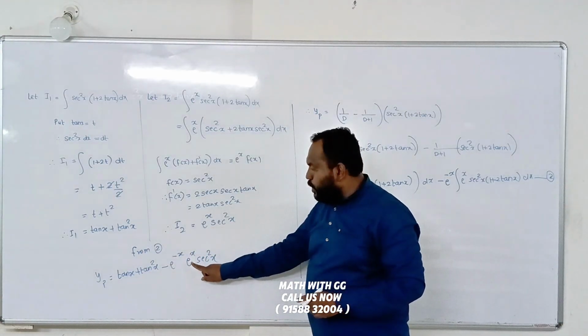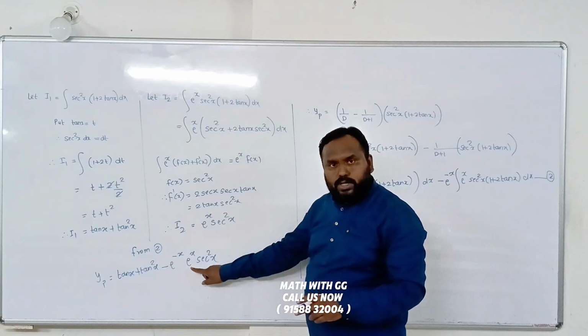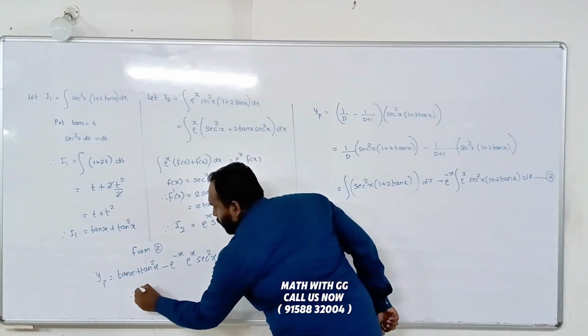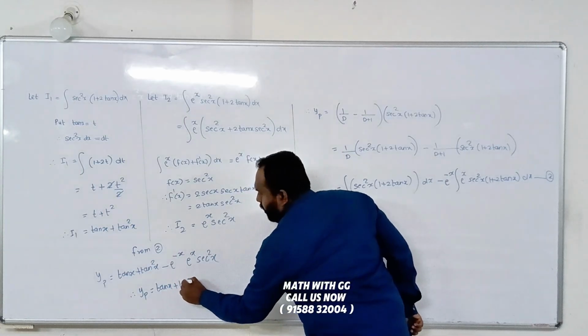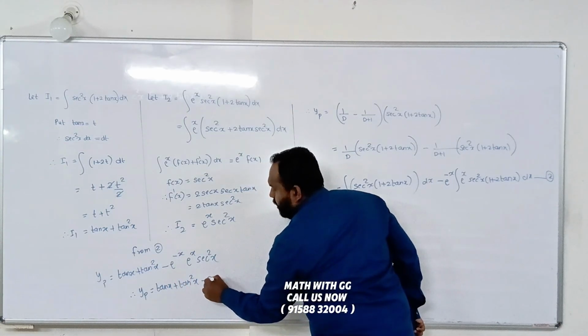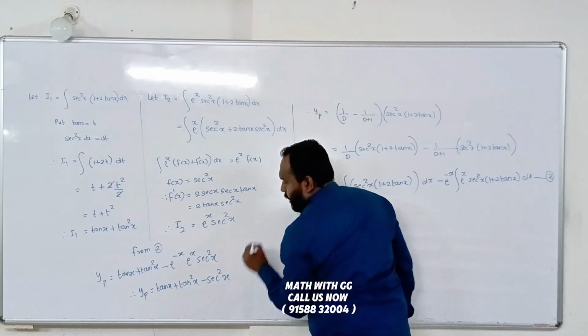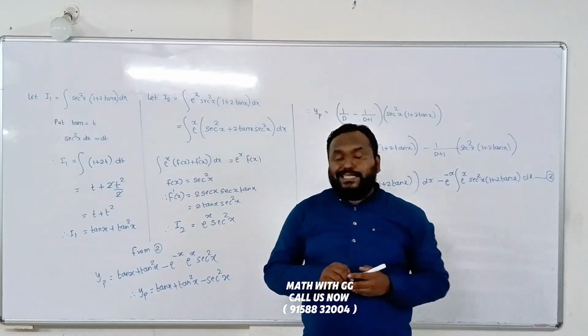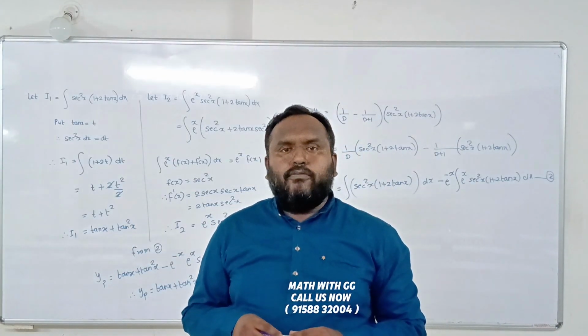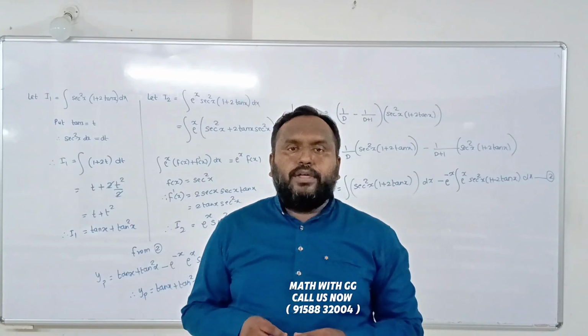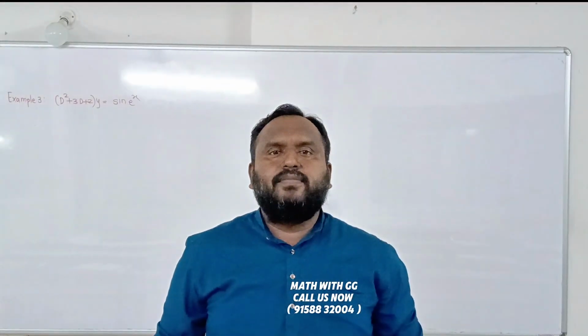Now e raised to x into e raised to minus x will get cancelled out. Therefore, the final answer is tan x plus tan square x minus sec square x. So this is example number 2 for finding yp using the general method.